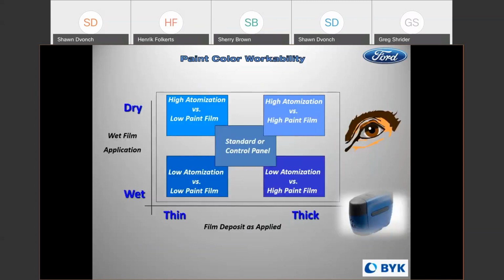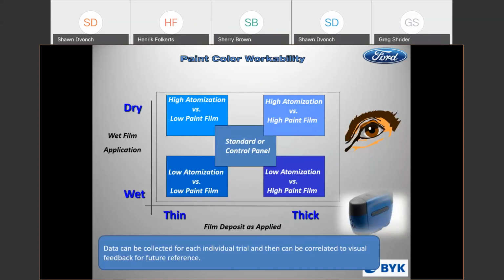And just to expound on that a little bit, this gives us an example of what that DOE or that workability is. You can see on the scale there, I go from wet to dry, and that would be a wet film application.